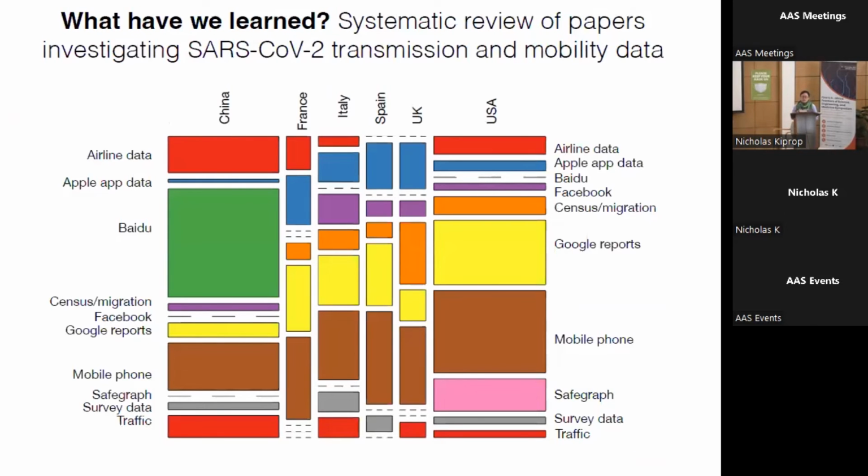As expected, there's a wide range of different kinds of data sets that were being used, and different data sets across different settings. These are the countries that had the most papers reported. And there was a really large increase in the use of mobile phone data, which previously had not happened.